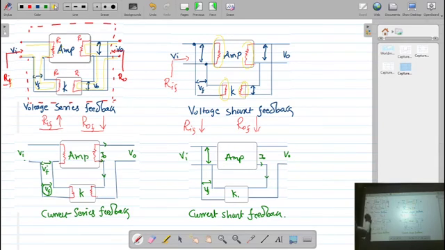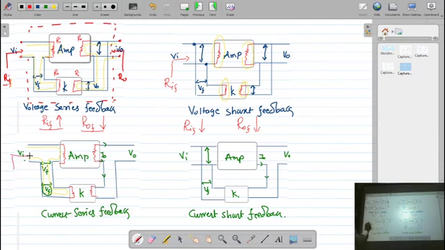Now, here in this case, you will find that the input resistance of the amplifier and this resistance of the feedback network are both in series. Ri as well as the Ro of this feedback network are in series.